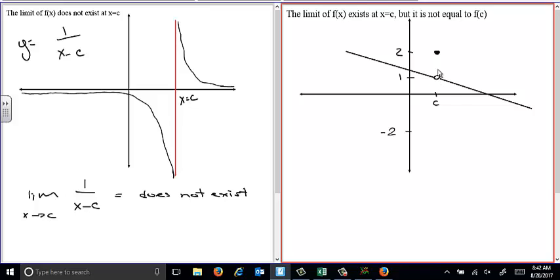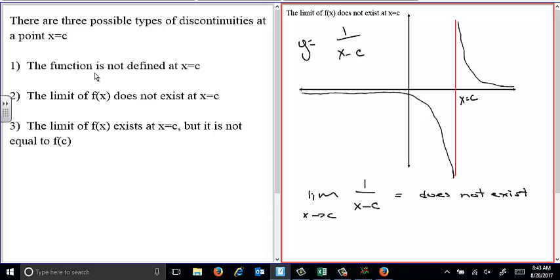I'd get here, I'd go up to this point at x equals c, and then I'd come back down here. So I have to lift my pen up twice to move through the entire domain of this function. Now, if you were not defined at x equals c, if I just said it was a hole, then that would be a case of the first one, where the function is not defined at x equals c.